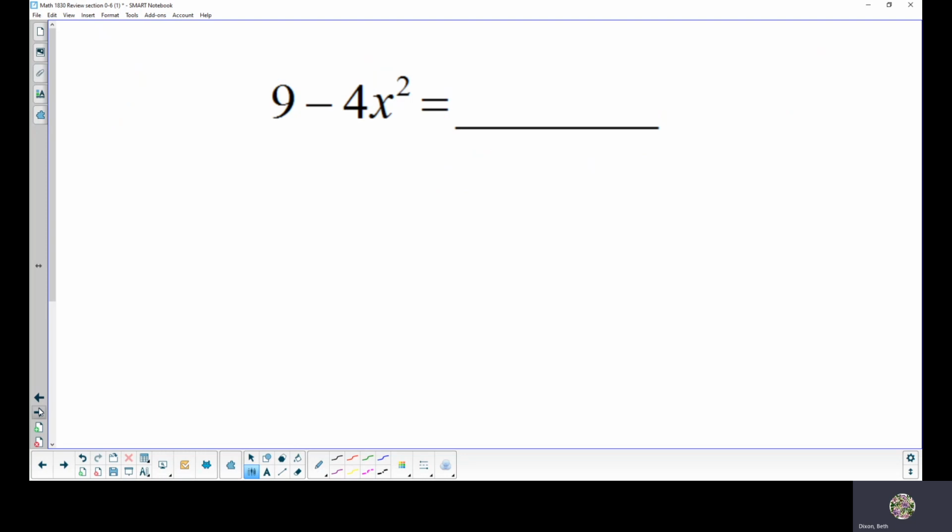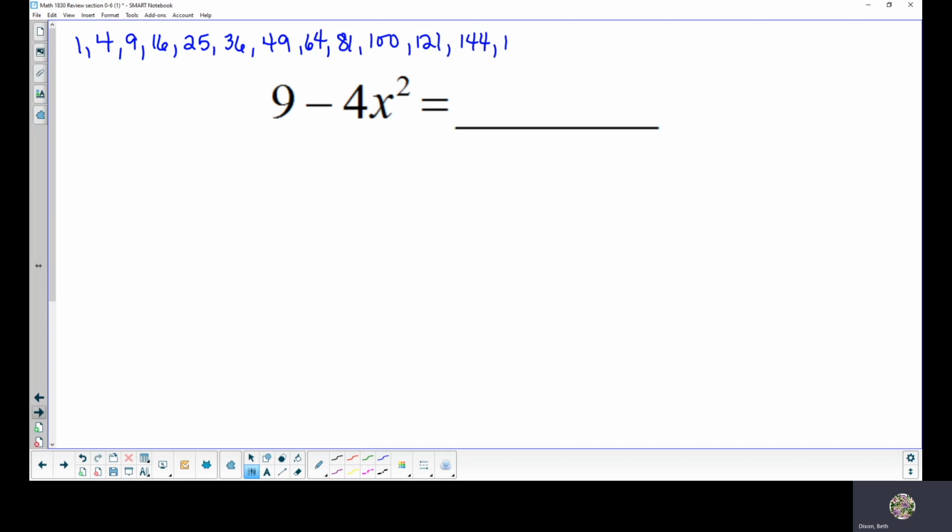Here is another example of the difference of two squares. 9 is a squared and 4x squared is a squared. How do I know they're squareds? Well, squared numbers are 1, 4, 9, 16, 25, 36, 49, 64, 81, 100, 121, 144.